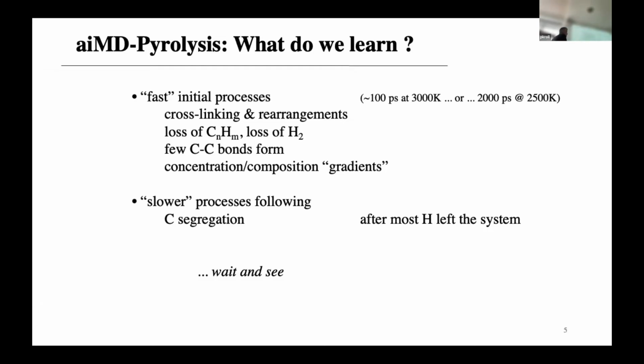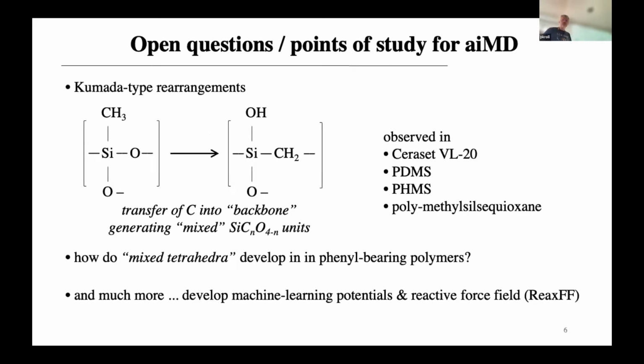Yes, and some of them don't care whether there's lots of hydrogen still left in the system. Carbon segregation, I basically claim, only happens when most of the hydrogen has already left the system. Not all, but most. In one of the last questions, I then said, well, what about this so-called Kumada rearrangement and then the so-called Kumada-type or Kumada-like rearrangements?